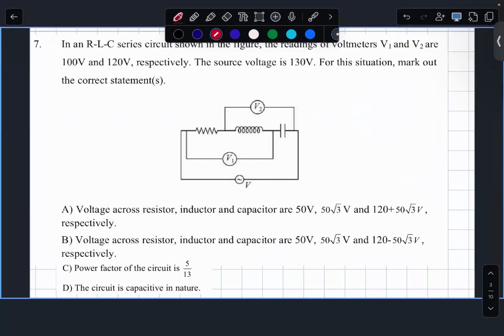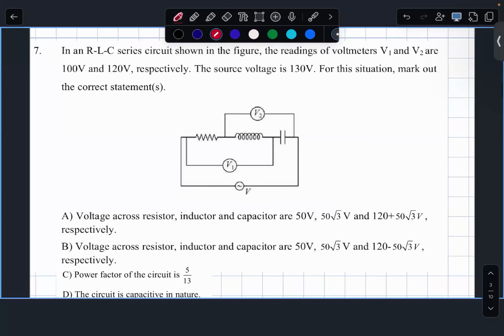In an RLC circuit shown in the figure, readings of the voltmeter. What are these voltmeter hardware instruments? They are measuring RMS values. All these voltmeters are measuring RMS values. The source voltage is 130 volts. For this situation, mark out the correct statement.